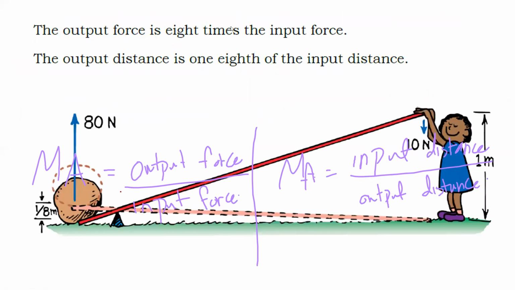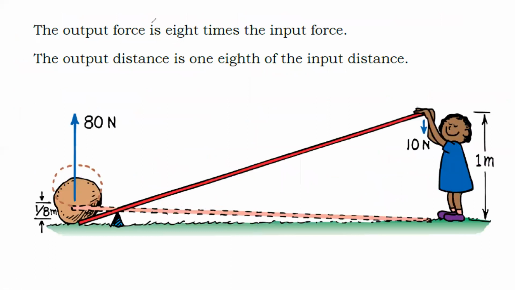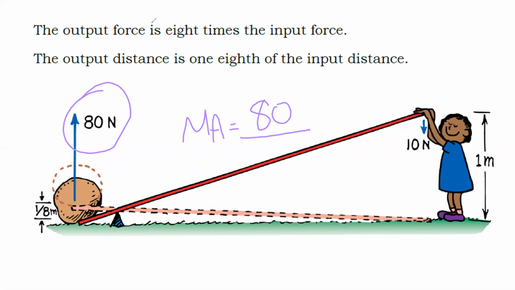So let's come back now to the girl. What is the mechanical advantage? The mechanical advantage is the output force. Where's the output force? It is 80 Newton. Where's the input force? It is 10. So the mechanical advantage here is 8. This is if you find it by output force over input force.